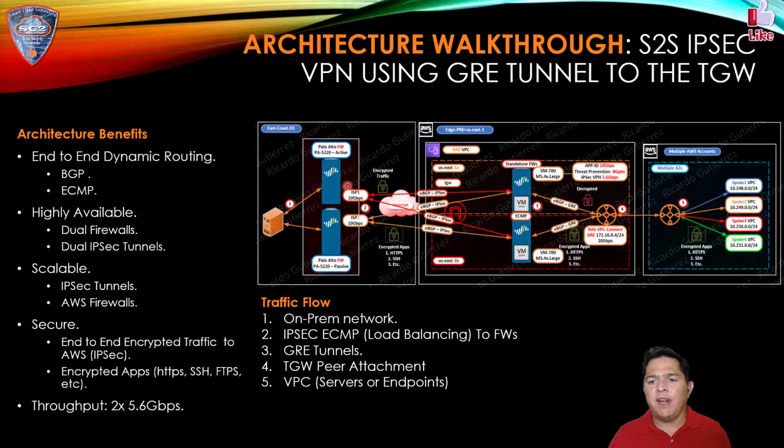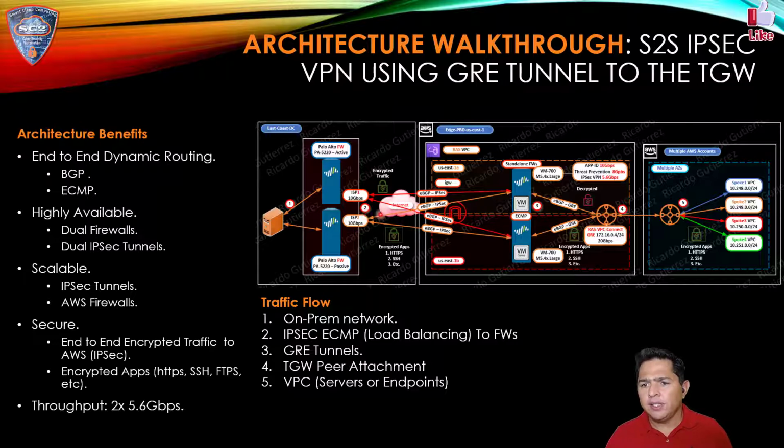Then the active firewall has a BGP route to AWS. In this case, we have 2 active IPsec connections. And on this firewall, we have ECMP enabled. So that allows us to load balance the packets or the sessions to the destination. So this will allow us to leverage our 2 IPsec tunnels. So they will be active, if you will, and you will send traffic over those 2 IPsec tunnels.